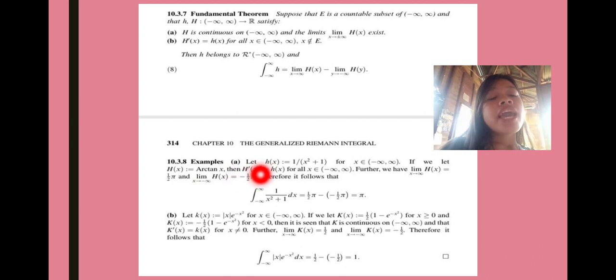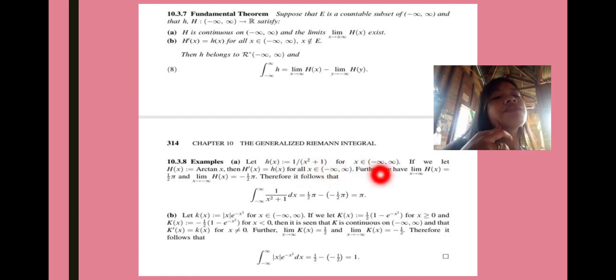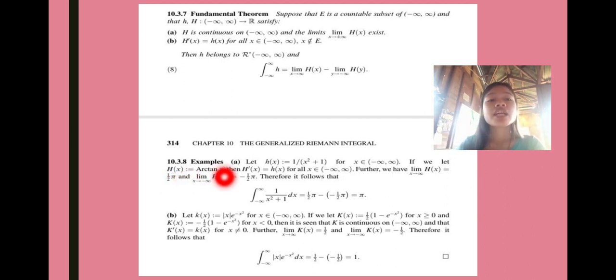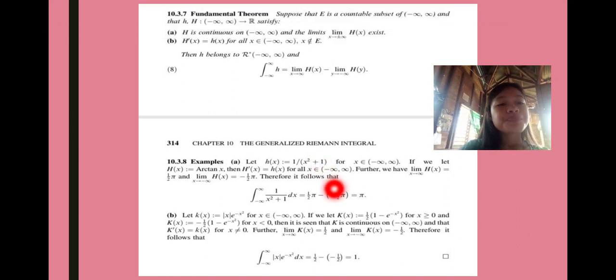10.3.8 examples. A, let h of x, a partition of 1 over x squared plus 1, for x belonging to the interval negative infinity and positive infinity. If we let H of x equal arctan x, then H prime of x is equal to h of x for all x in negative infinity and positive infinity.